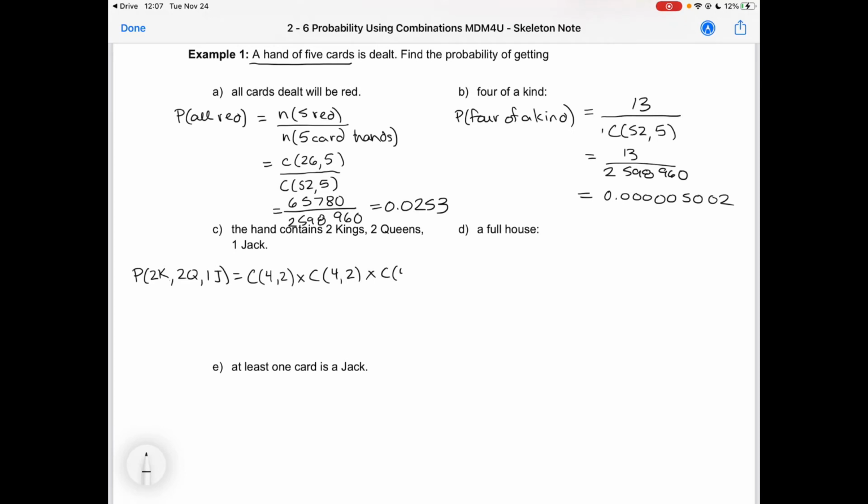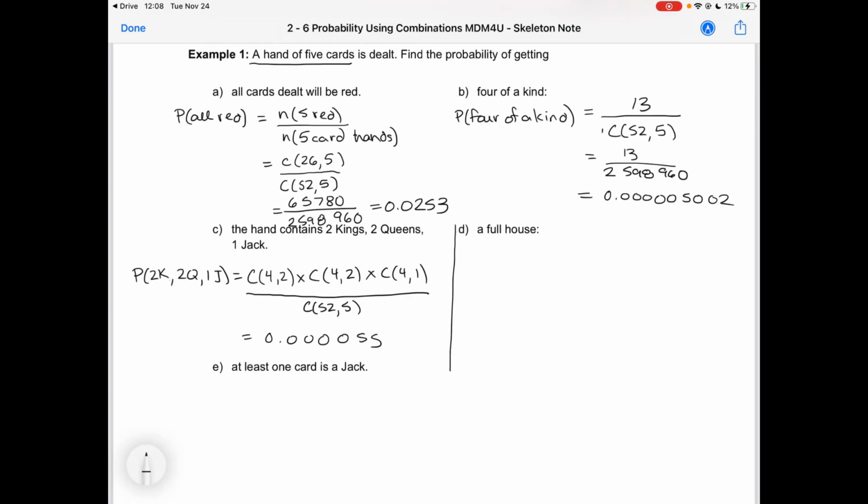And then finally, the number of ways that we can choose 1 jack to figure out our possible combinations of that hand. And then on the bottom, we still have our same 52 choose 5. When we multiply that all together, we are going to get 0.0000055, slightly higher chance than getting 4 of a kind, but not much.